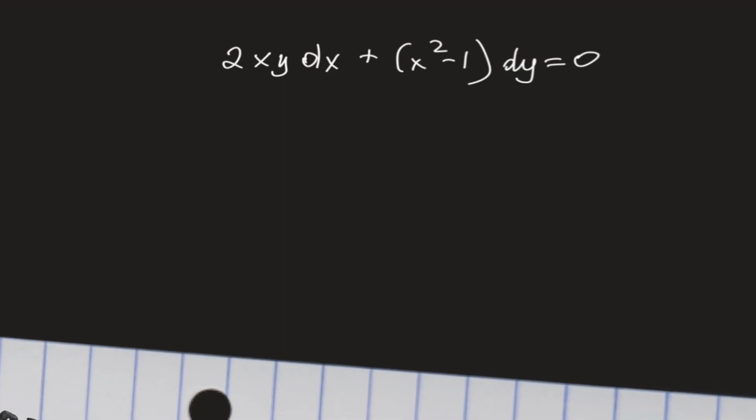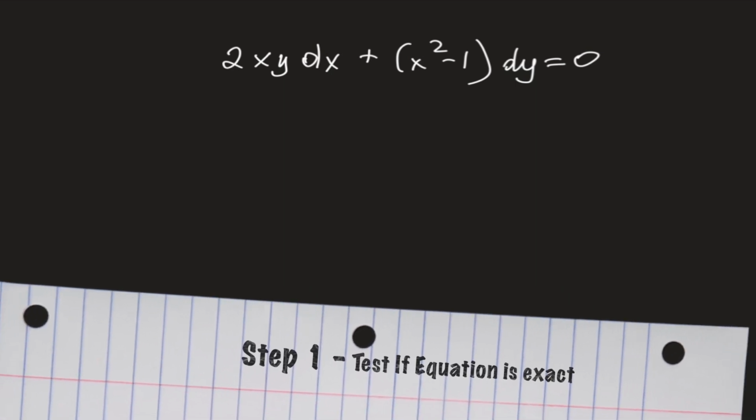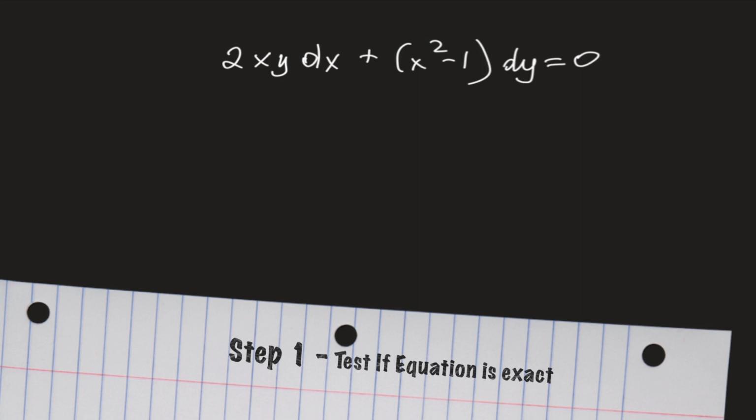The first thing we have to do is test if this equation is indeed exact. To do that, we're going to call this part of the equation some function M in terms of x and y, and this part some function N in terms of x and y as well, even though this function in particular is only in terms of x.